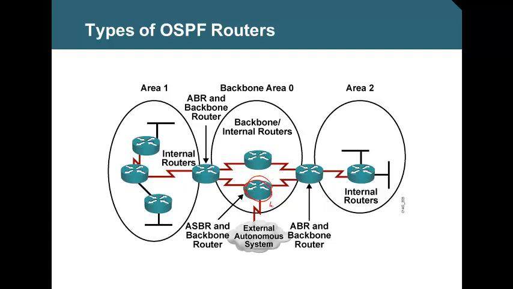Now you have some LSA type 1, LSA type 2 of this area 0, correct? That type 1 and type 2 LSA will be sent as type 3, which is called summary LSA, sent by this router. Here also it will go as type 3.